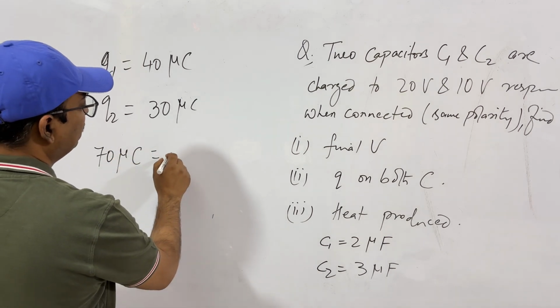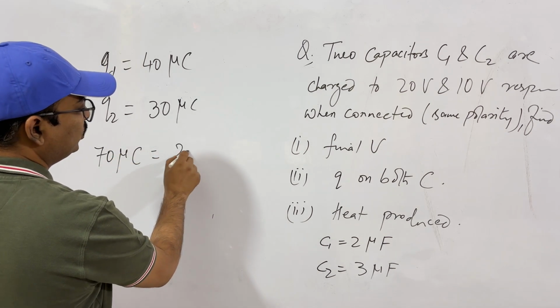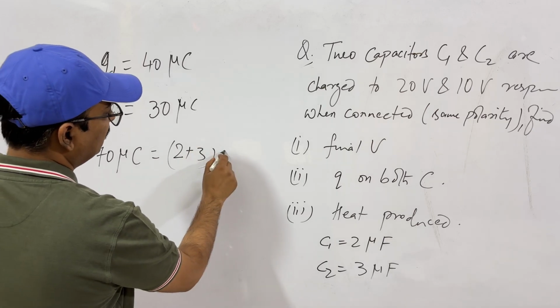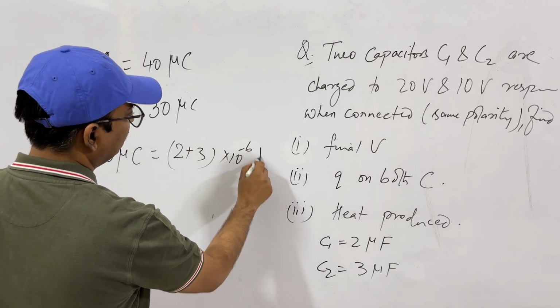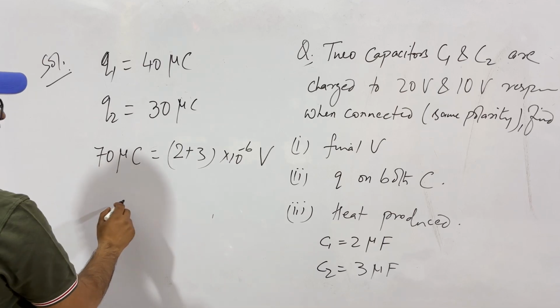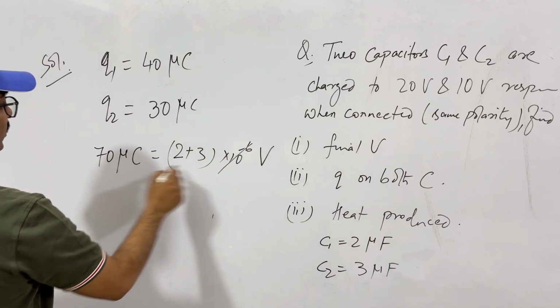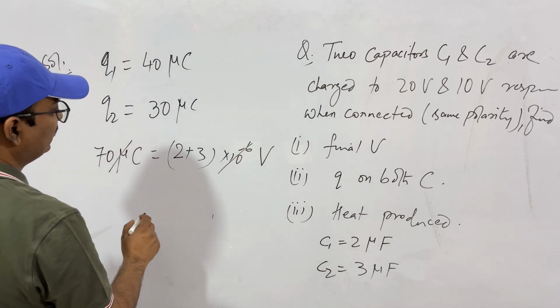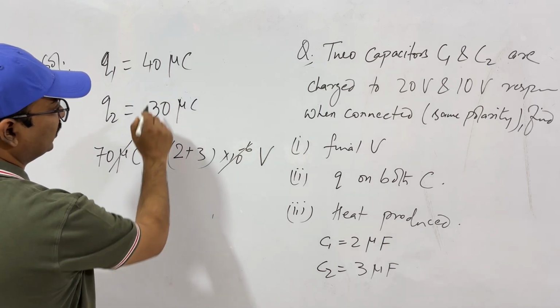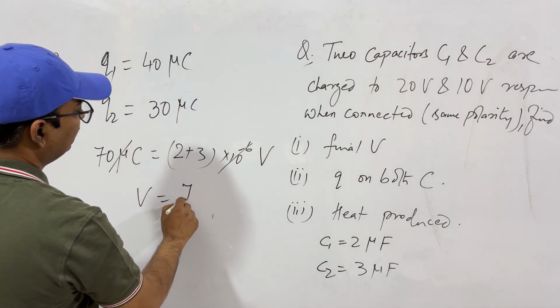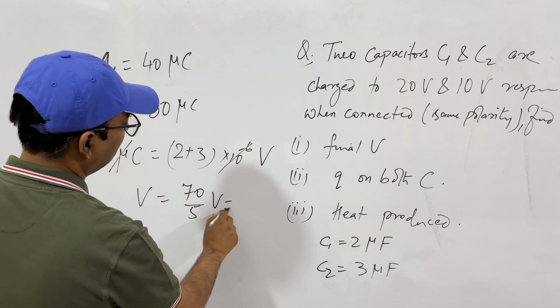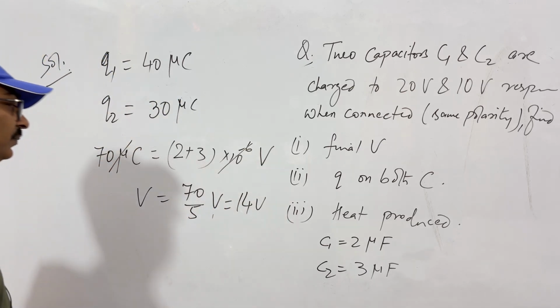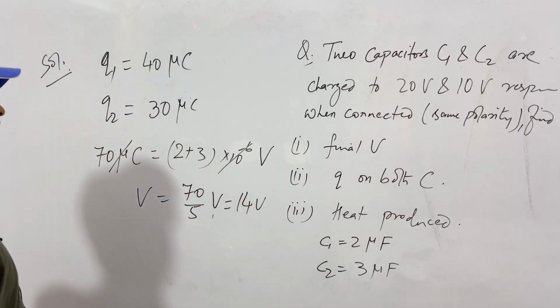And here we have (C1 plus C2) into V, which is (2 plus 3) into 10 to the power minus 6 times the final potential V. Micro cancels. So V will be 70 by 5 volts, that is 14 volts. So the final potential is 14 volts.